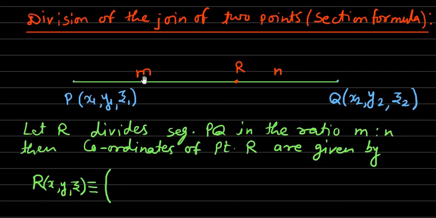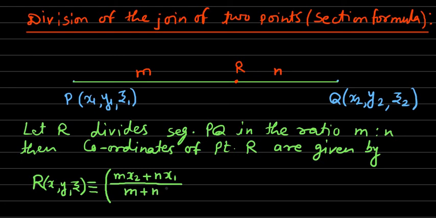So the formula for the x coordinate is mx2 plus nx1 divided by m plus n.